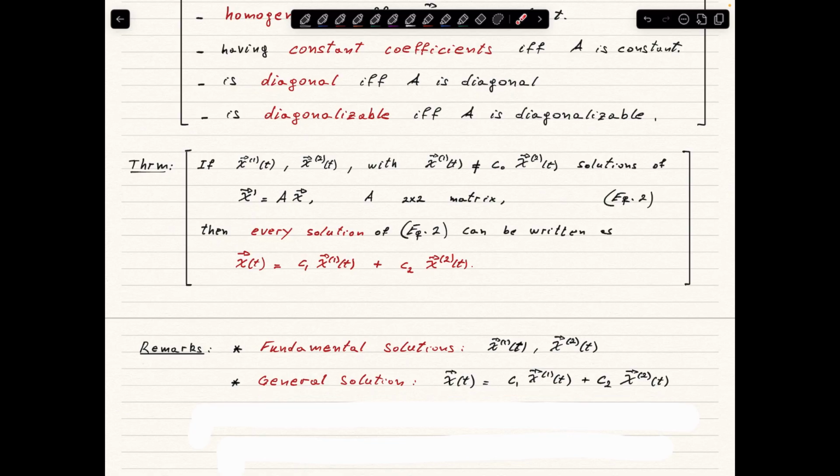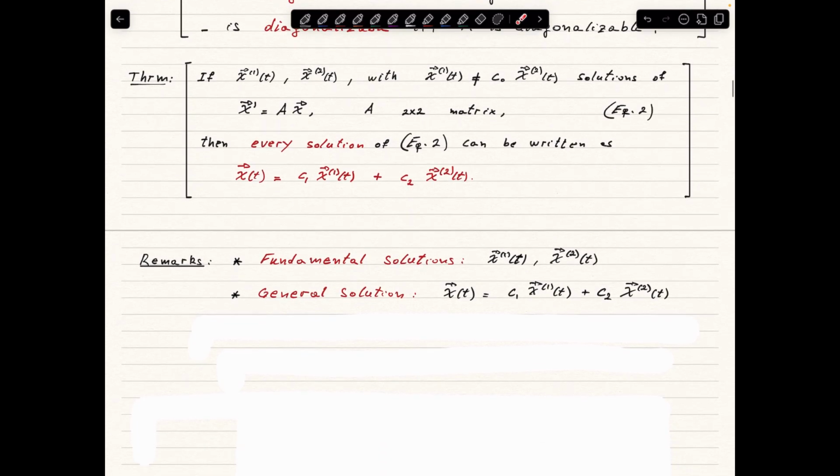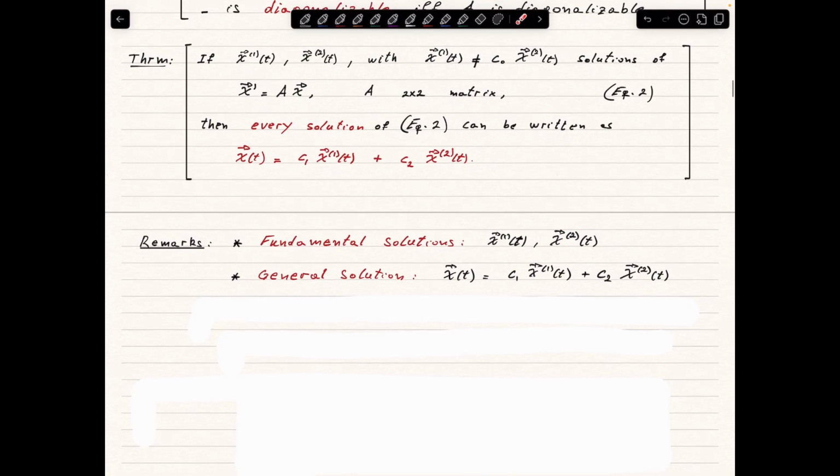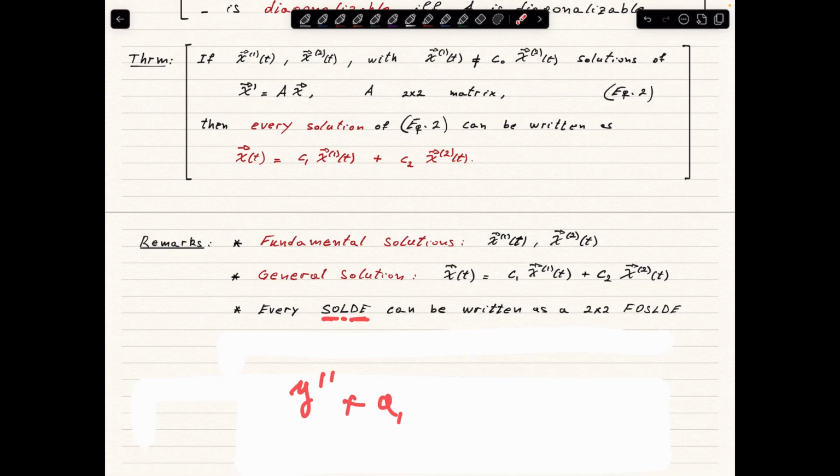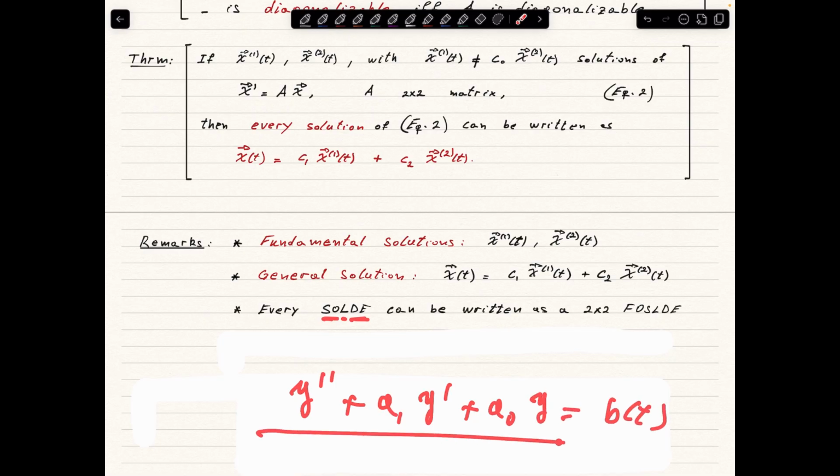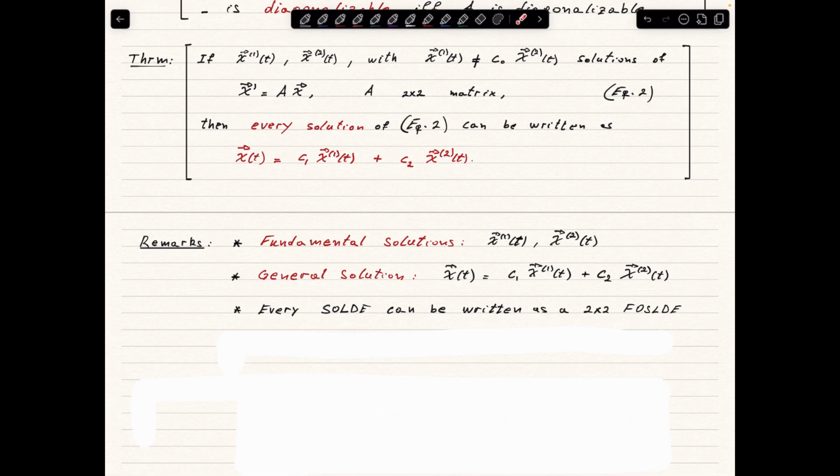Another thing that is useful to remember from a previous video is that every second order linear differential equation, something of the form y double prime plus a1 y prime plus a0 y equal b of t, any equation of this form can be written as a 2x2 first order system of equations, like this one, for an appropriate choice of the variables.